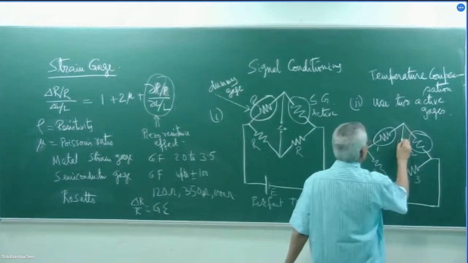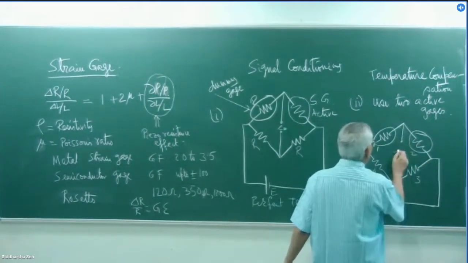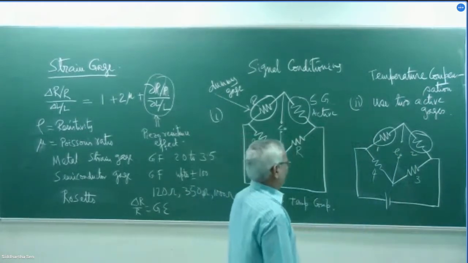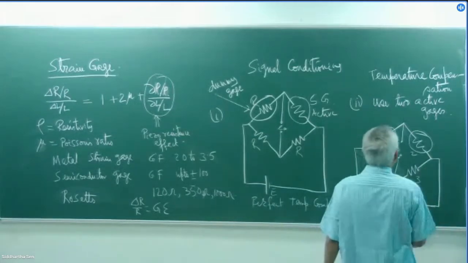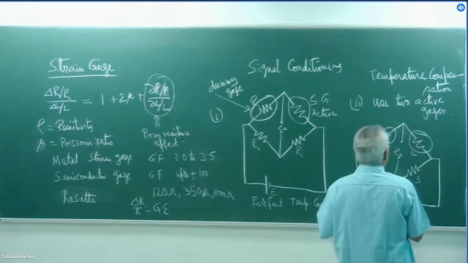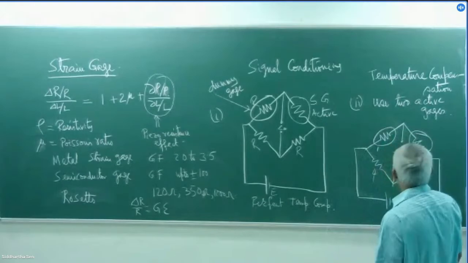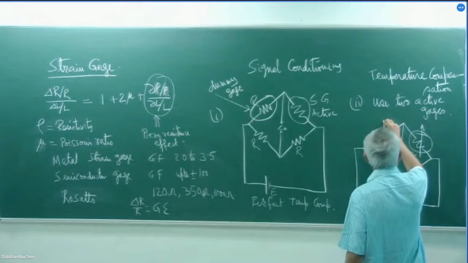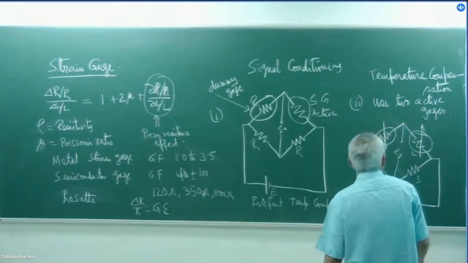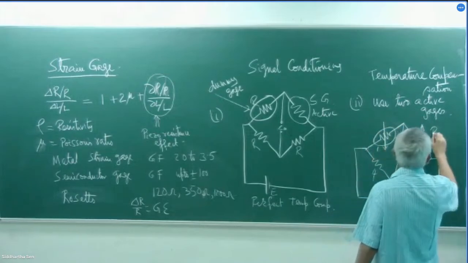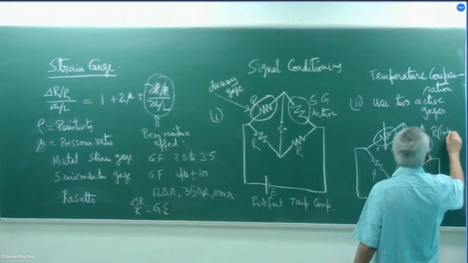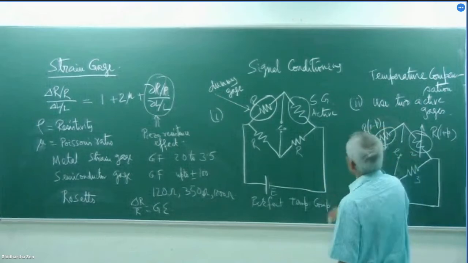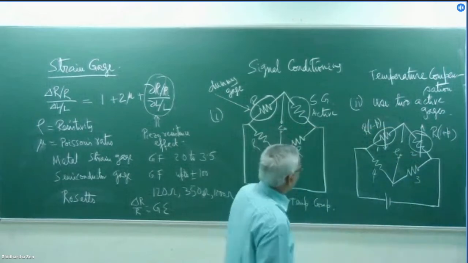If it is like this, both of them are active strain gauges, 1 and 2, but they are connected in such a way that if this strain gauge resistance increases, this strain gauge resistance will decrease. So maybe this is R into 1 plus P, and here it is R into 1 minus P. We'll come to how it is achieved.